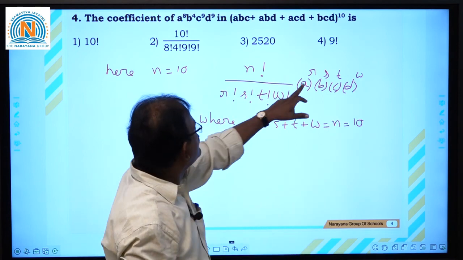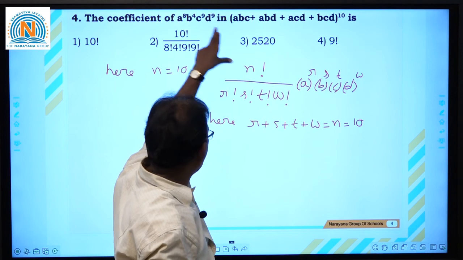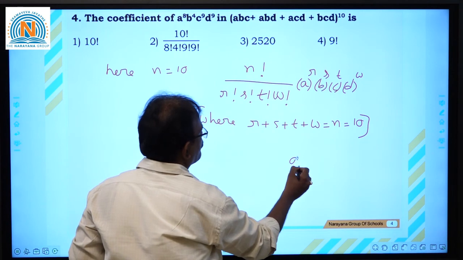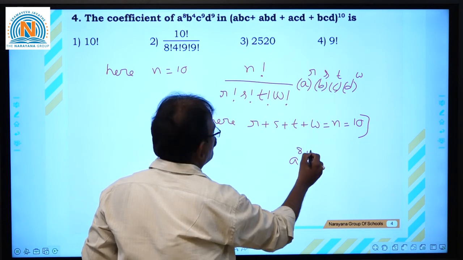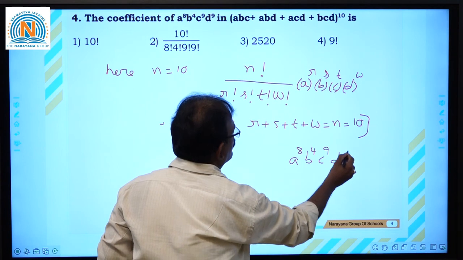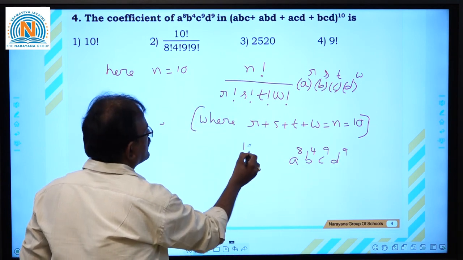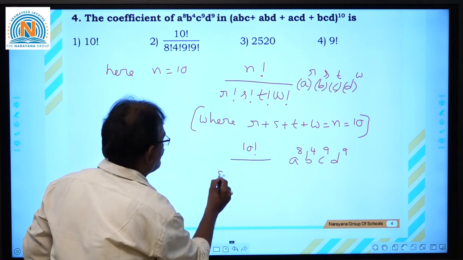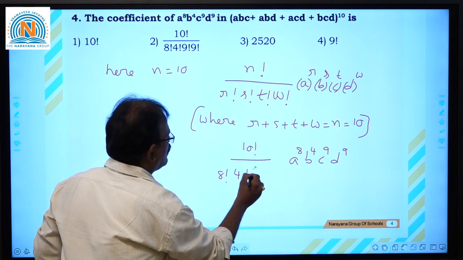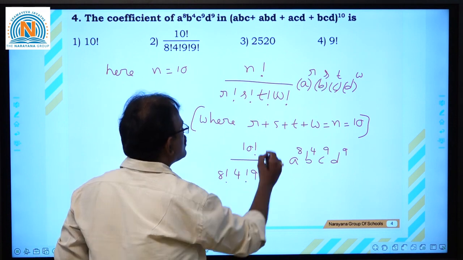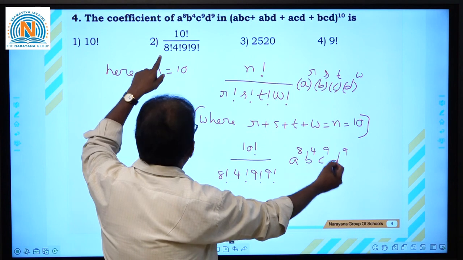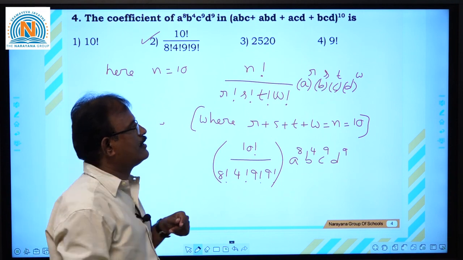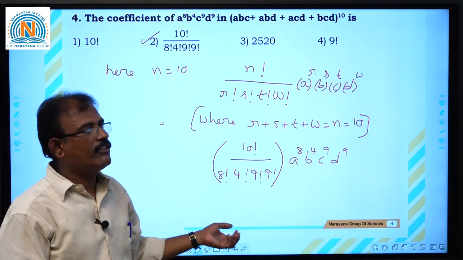So if you want the coefficient of a power 8, b power 4, c power 9, d power 9, usually this is 10 factorial by 8 factorial, 4 factorial, 9 factorial and 9 factorial. So the coefficient of this will come as the second option, children. So this is the explanation for this assignment, children.